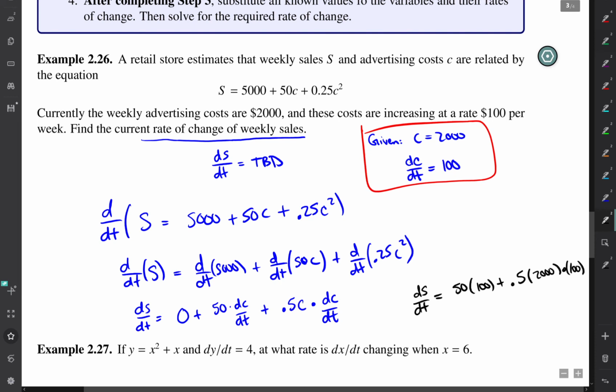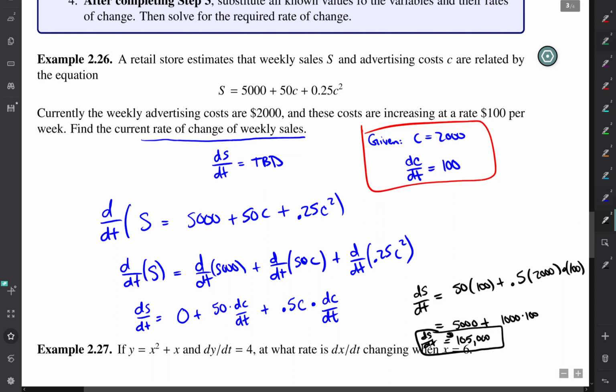So dS/dt is going to be 5,000 plus 1,000 times 100, which is 100,000, so it's going to be 105,000, the rate of change of the sales with respect to t.